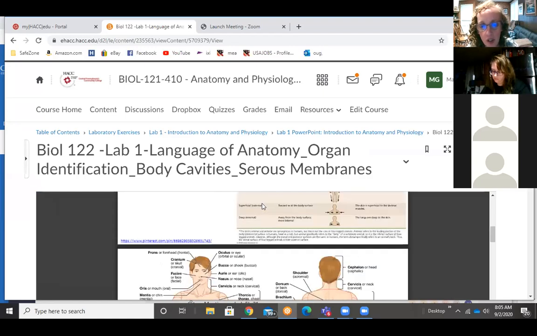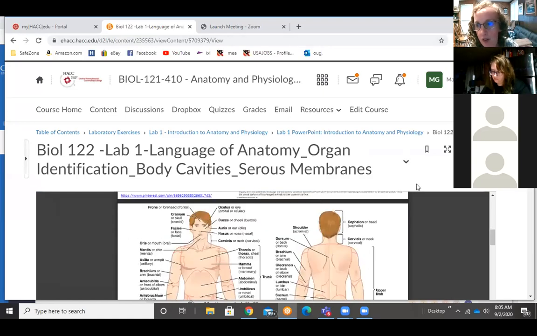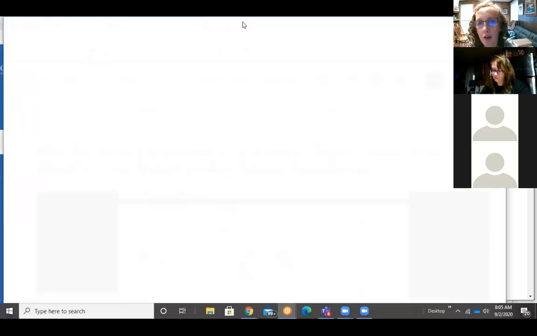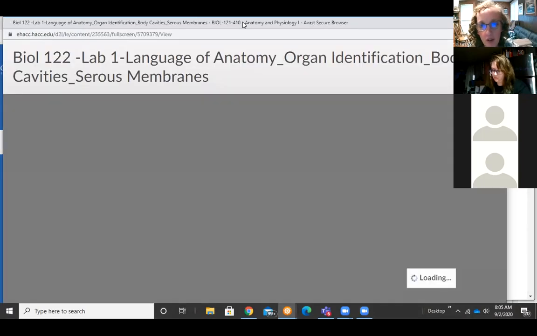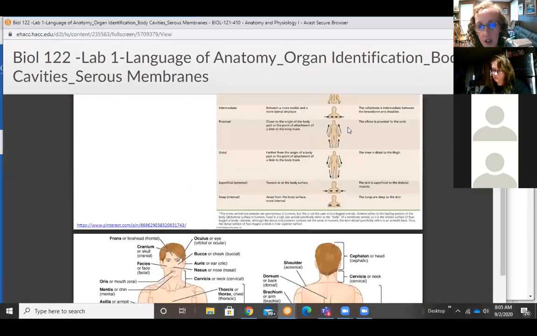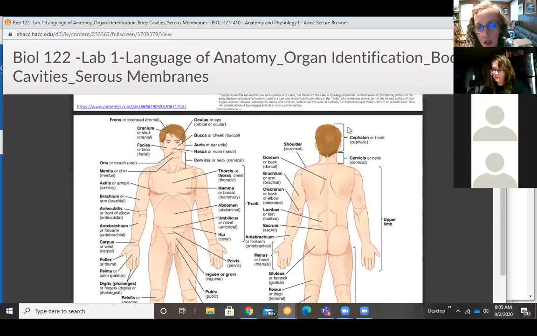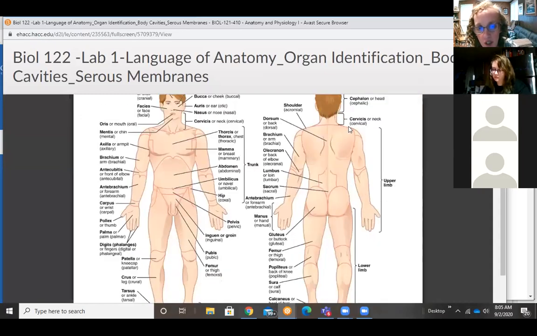The more of it you can learn right now, the easier it will be when we start talking about identifying the muscles in lab and we identify the bones of the skeleton in lab. The more of this that you can learn right now, the easier that will be.